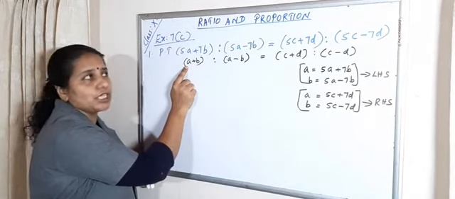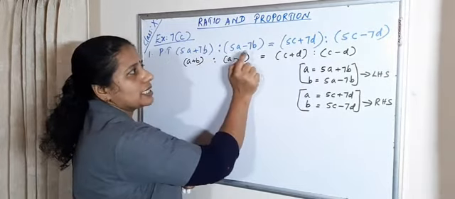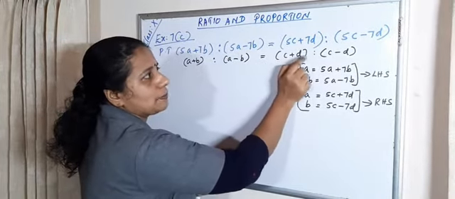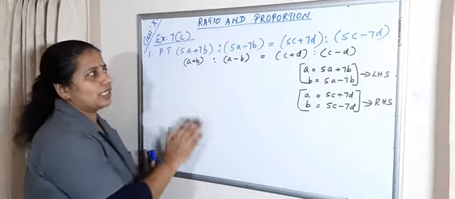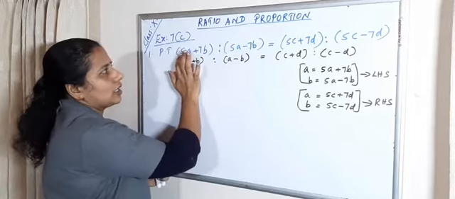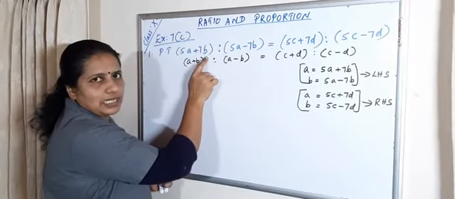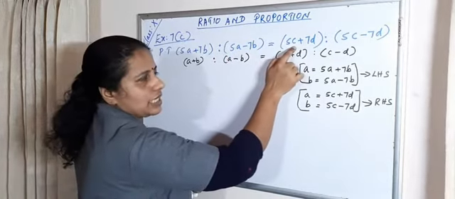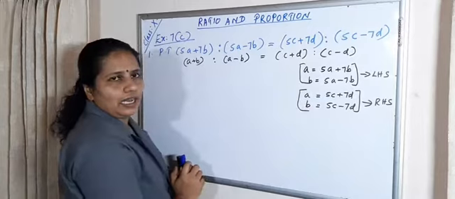Yes, componendo and dividendo, that is (A + B) is to (A - B) equal to (C + D) is to (C - D). So do one thing. First you write what is A in the LHS and B in the LHS. Next you write what is C in the RHS and D in the RHS.